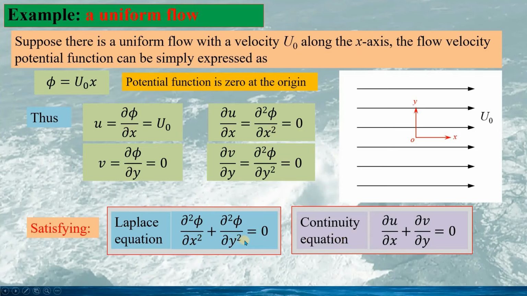So satisfying one of the equations would satisfy the other. Therefore, we can see the uniform flows are always incompressible, regardless of how large the velocity u0 is. Even if it is very large, larger than the speed of sound, the uniform flow would be incompressible.